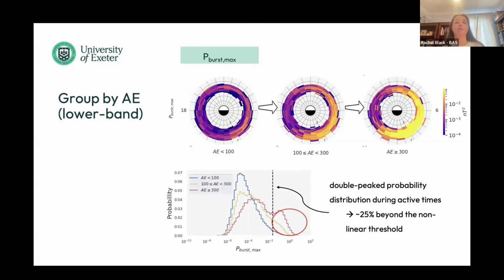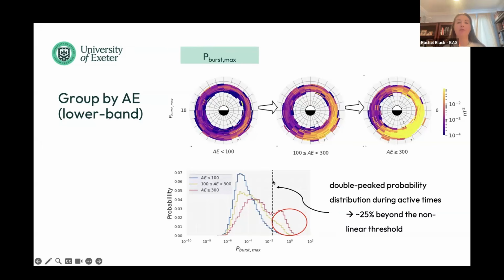And if we plot the probability distributions of these powers, the quiet powers are plotted in blue, the moderate in yellow, and the active conditions in red. You can see that the active conditions sort of have this double peaked probability with low power and high power waves.